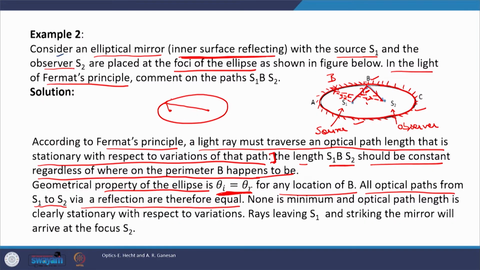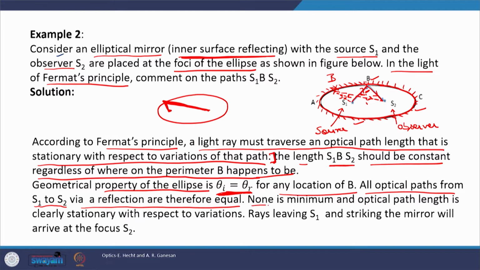Or if you take two nails and tie a rope between them, and the length of the rope is longer than the distance between the two nails, then if you put a pen here and rotate it, it will form an ellipse. This means the constant path length forms a locus that is an ellipse, and this is the property of the ellipse which is being used here in the elliptical mirror.